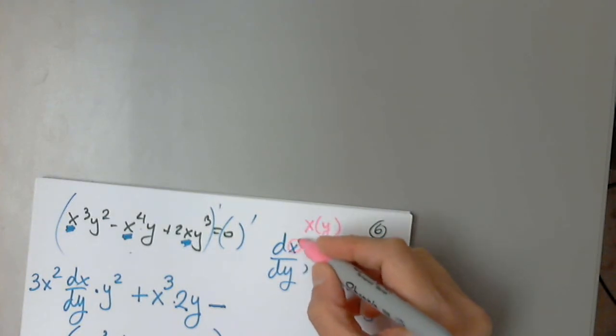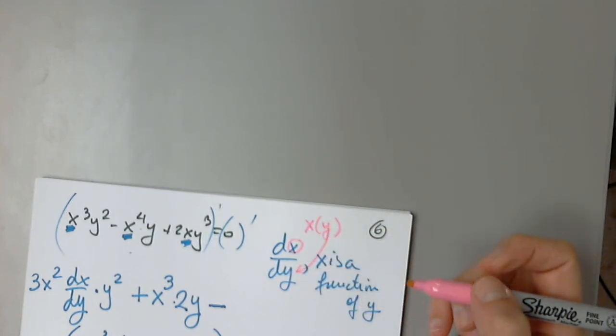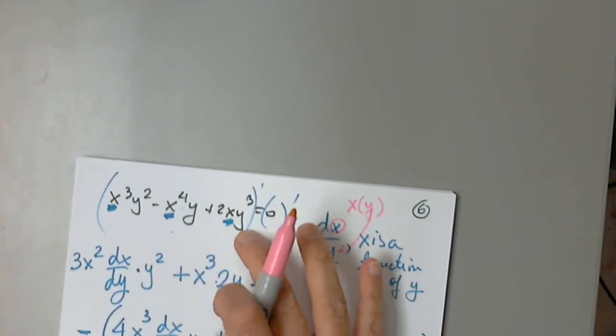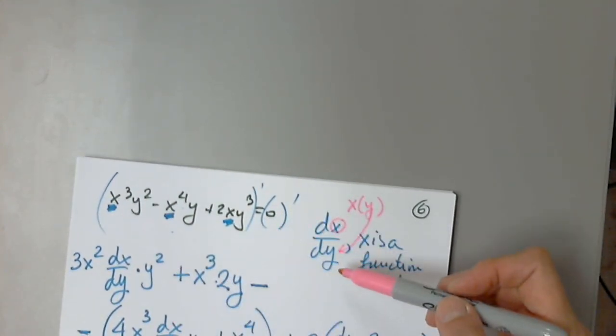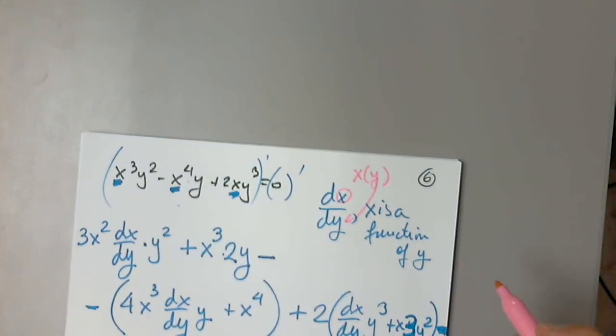So x is the function, y is the variable, the independent variable. So every time I differentiate x now, I have to write dx over dy. When I differentiate y, I don't have to write that, because y is the variable in this problem. It should have been x. They are reversed. They are just checking whether we have a good understanding of this. And they reversed x and y.